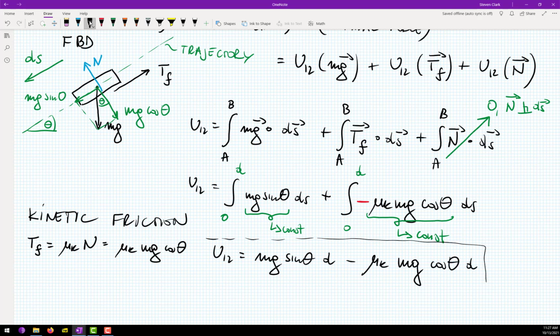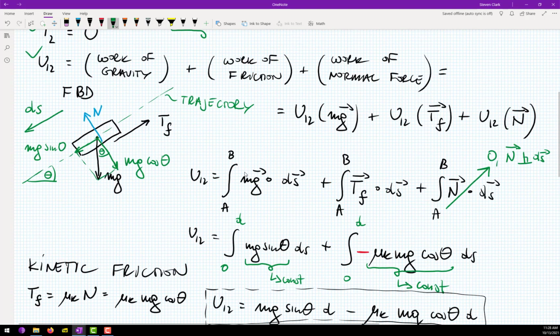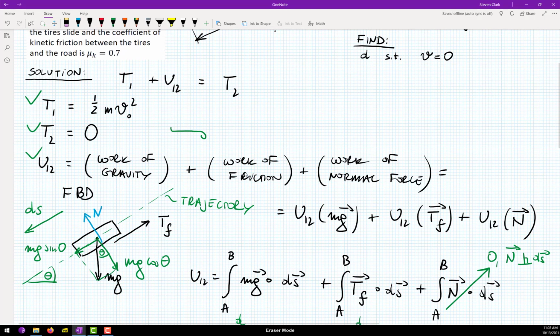Okay, 100% of the problem done, because we found these three things: 1, 2, and 3. So now I will just plug. The next step is to plug these three things that we just found back into our original equation.